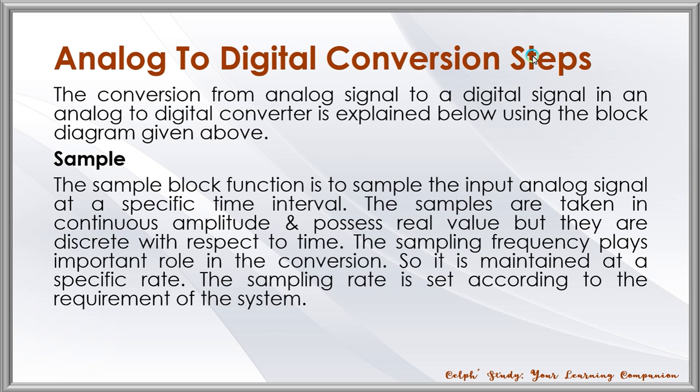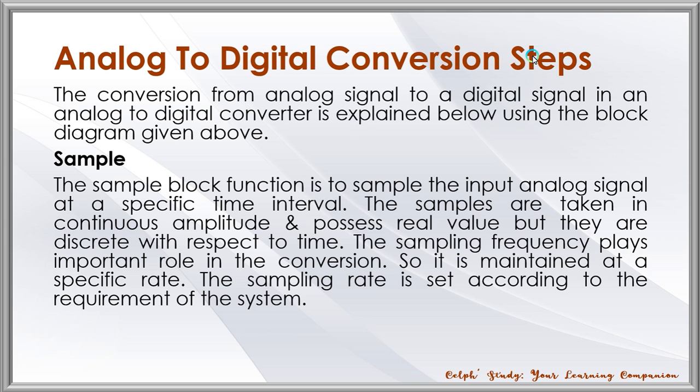What is its function? It is used to take samples of our input analog signal at a specific time interval. This means we cannot take the whole analog signal, so we take a specific portion, a sample, and that is what we study.